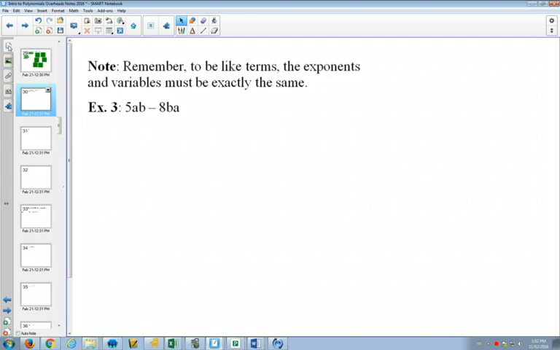So are these two like terms? We don't have tiles for these. We could make up new tiles for these. The order of the variables doesn't matter, so normally we like to write them alphabetically.